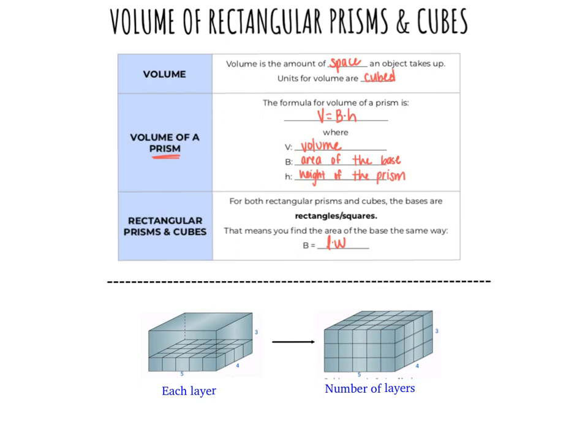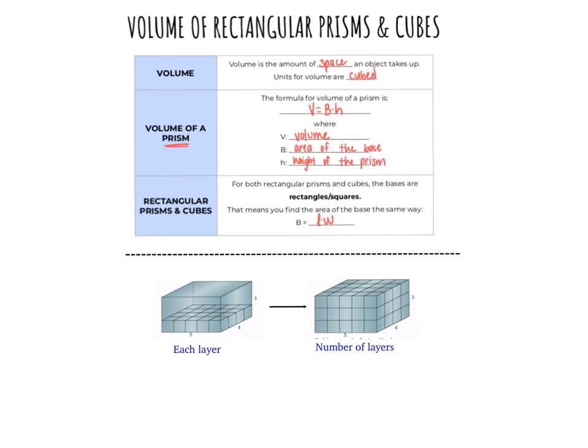So let's look at this formula with our examples of unit cubes. Each layer of the cubes would stand for the area of the base. So if we looked here, each layer would come from the area of that base shape. So for this layer, it's 5 units by 4 units. So the area of that base layer would be 20.